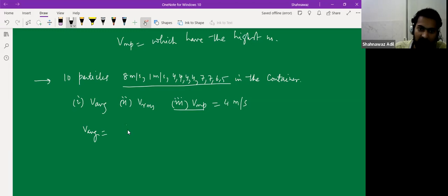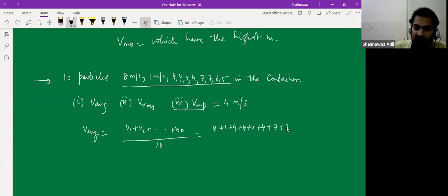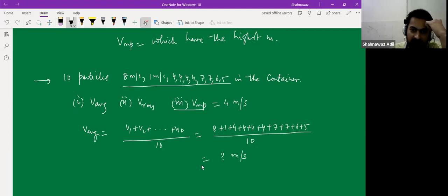So V average will be the total velocity, V1 up to V10, divided by 10. So this is 8 plus 1 plus 4 plus 4 plus 4 plus 7 plus 7 plus 6 plus 5, divided by 10. Whatever the number is, this is the average velocity. Understood, guys?